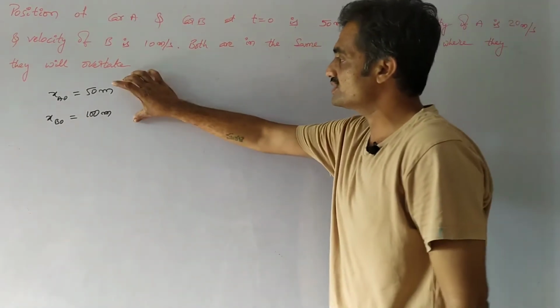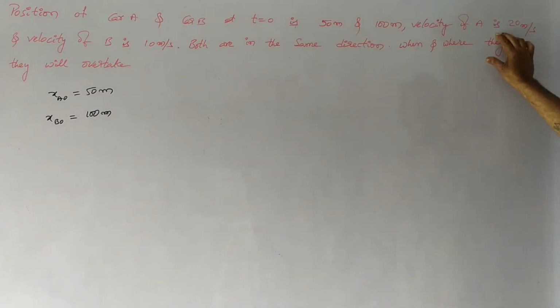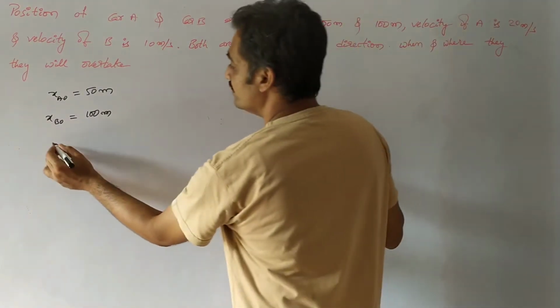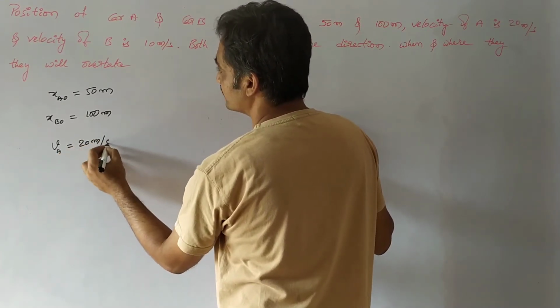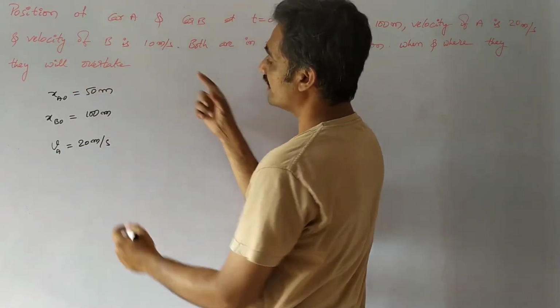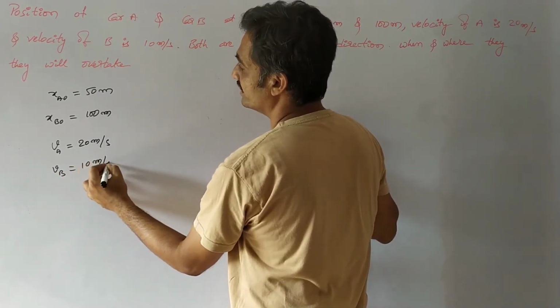Next, the velocity of car A is 20 meters per second, as well as the velocity of car B is 10 meters per second.